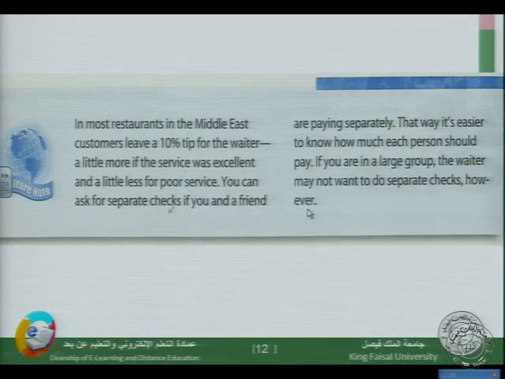However, okay? This is what we actually do in our Middle East. If somebody asks you about the restaurants in our region, like in Saudi Arabia and Jordan and Qatar and UAE, you can give him enough information about how much tip he should leave for the waiter.